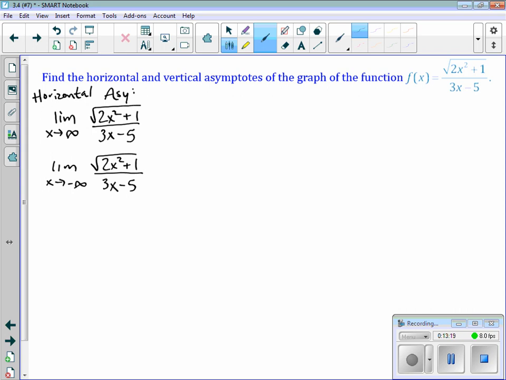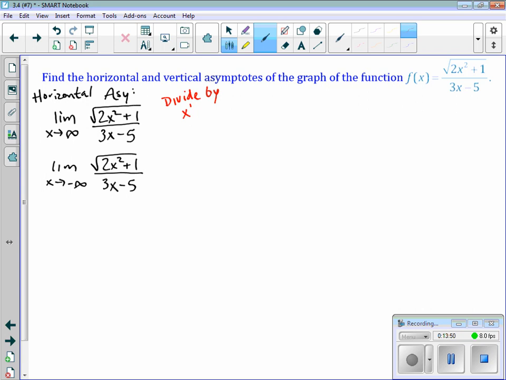Okay, so I take the highest power. Where is that? In the denominator. Because if I just try to plug in infinity, I have the same issue I had on the last page, right? So the highest power in the denominator is what? x, just x to the first. So I'm going to divide by x to the first, so I'm just going to write that here. And if you want to write a little 1 up there, you can.